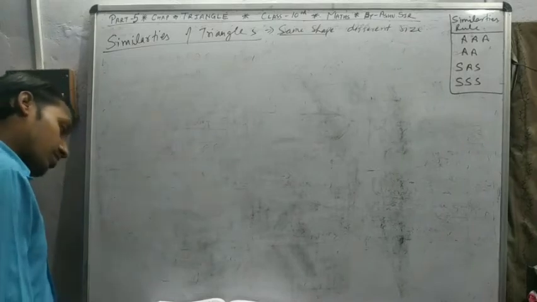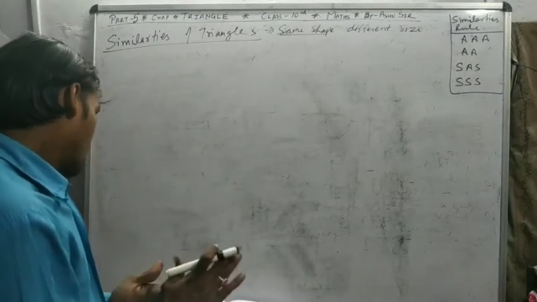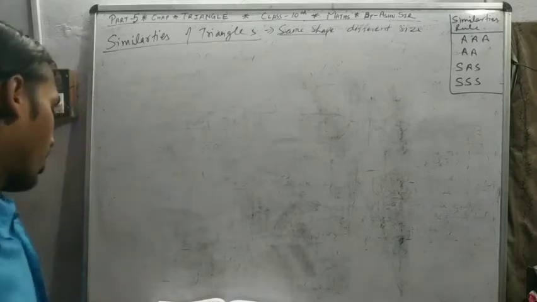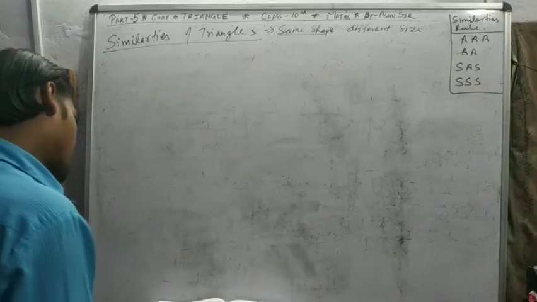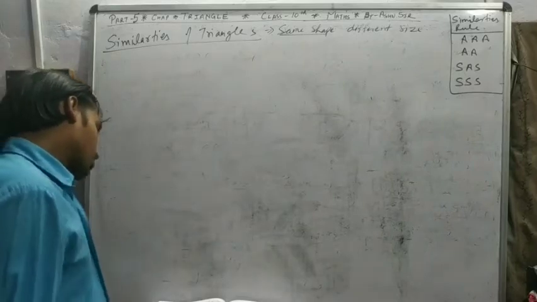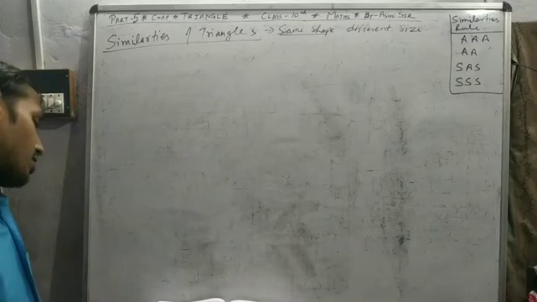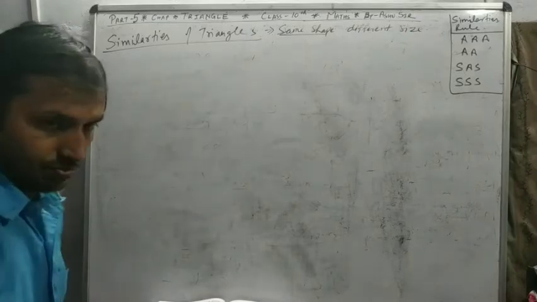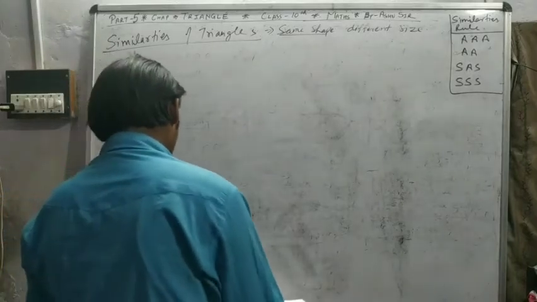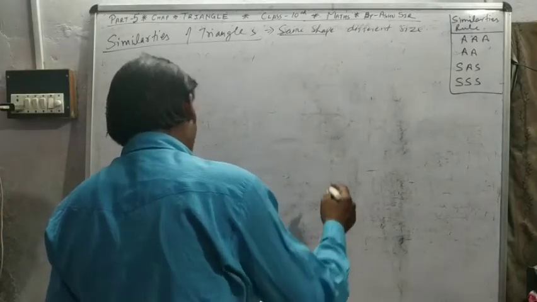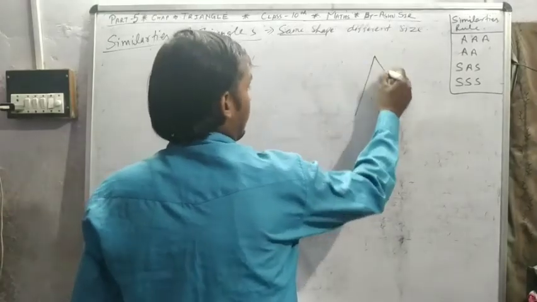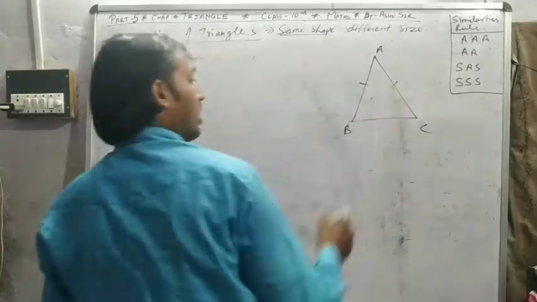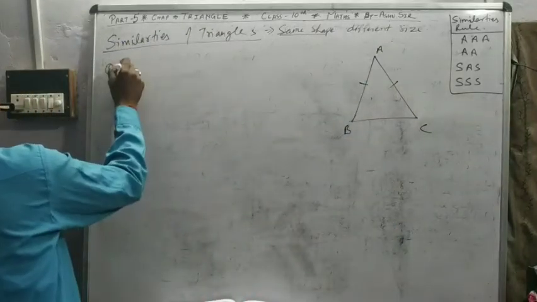So you read this question. Example: in the given figure, E is a point on side CB produced of an isosceles triangle ABC with AB equal to AC. If AD is perpendicular on BC and EF is perpendicular on AC, prove that triangle ABD is similar to triangle ECF. So let's see. First thing, ABC is an isosceles triangle with AB equal to AC. Question number 11.